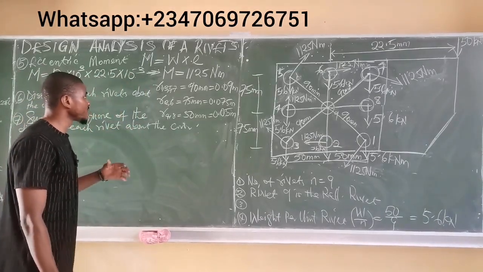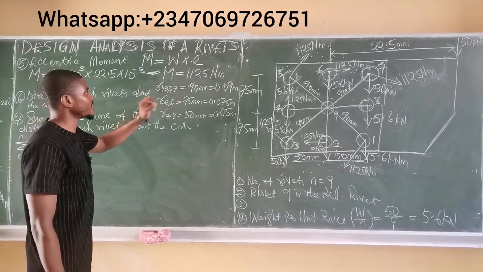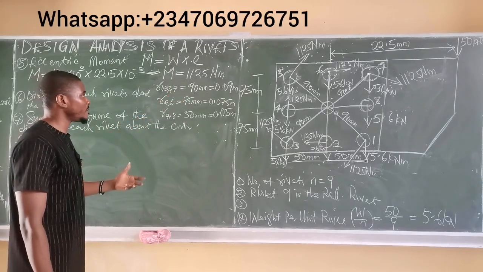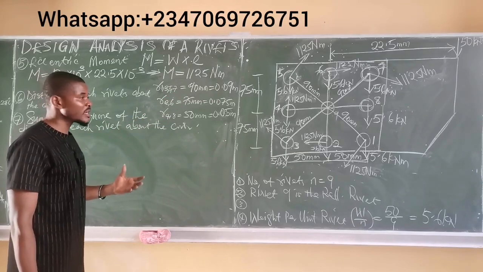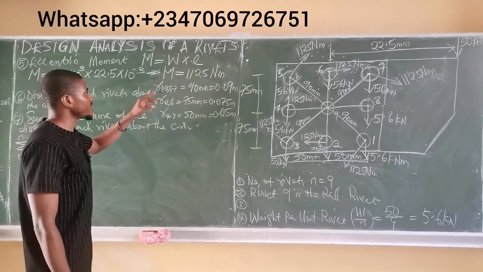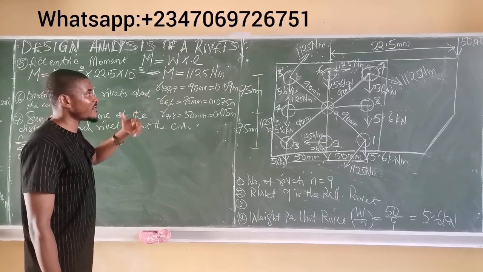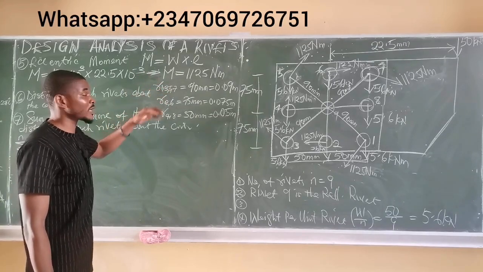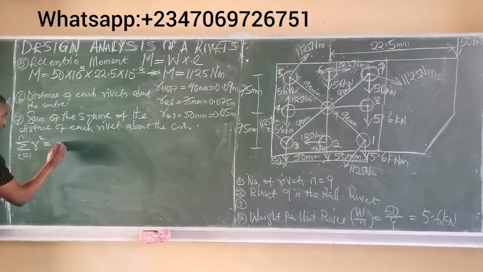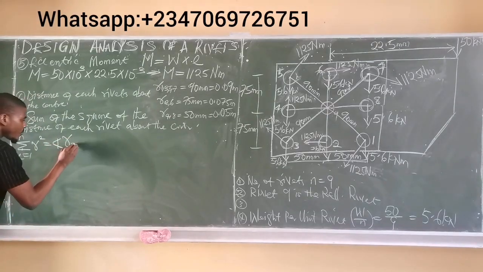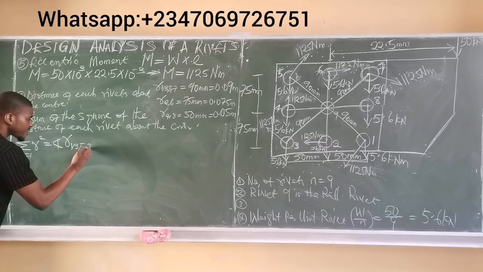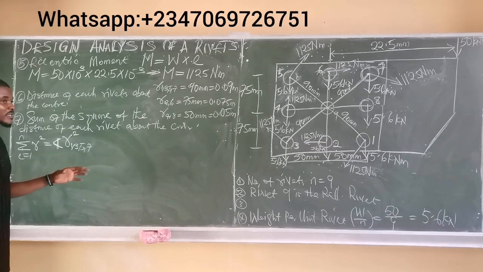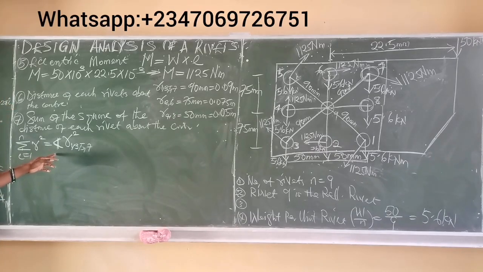Now, we already know that rivets 1, 3, 5, and 7 have the same distance about the center. So instead of picking these distances individually, since this makes up 4 rivets with the same distance, you simply have 4 times r1,3,5,7 all squared, which means the square of the distance of these 4 rivets multiplied by the total number, which is 4.